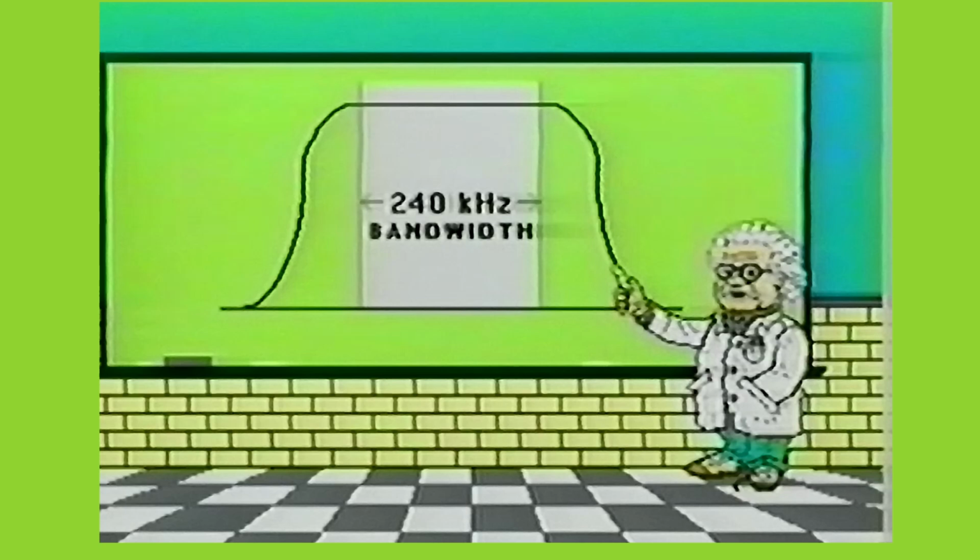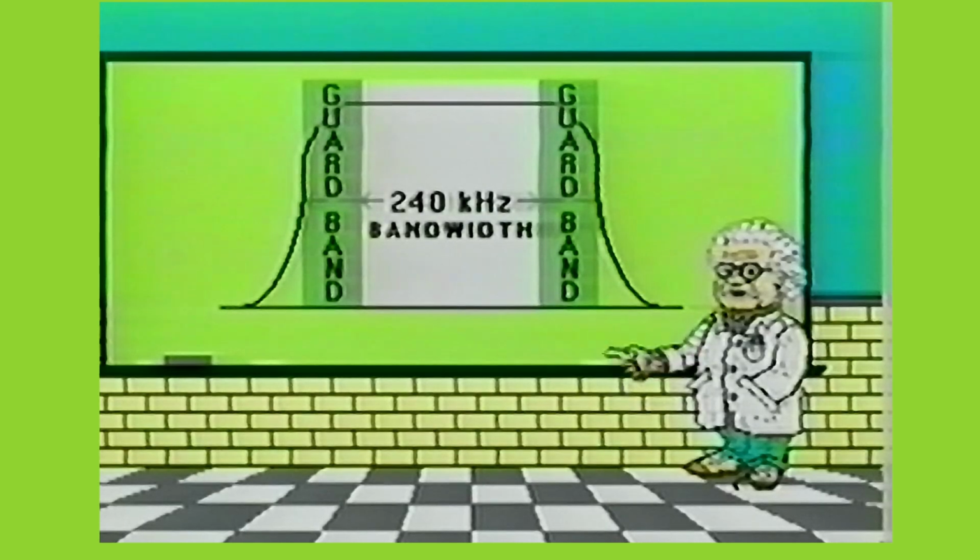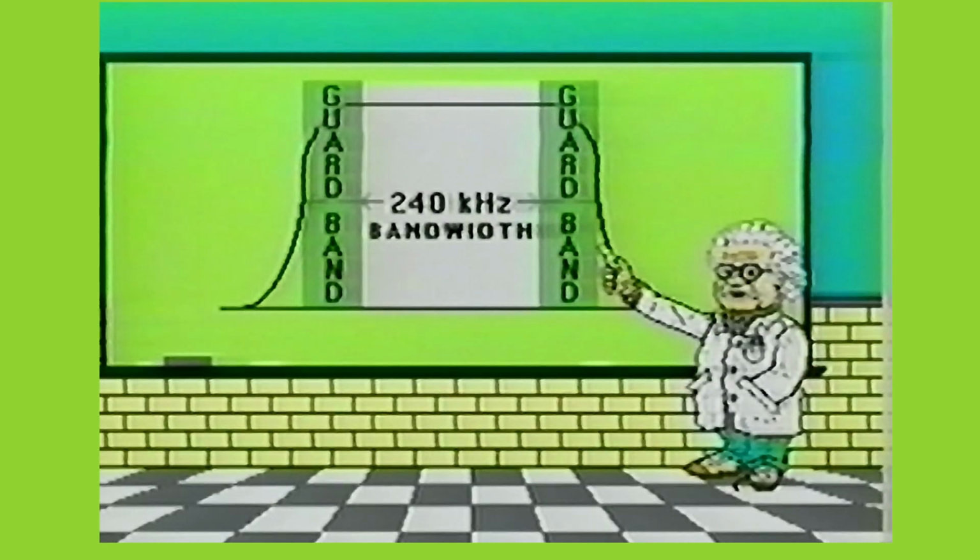The bandwidth of the IF stages is set at 300 kHz. This allows 240 kHz of signal deviation to be amplified equally. There is also a 30 kHz guard band on each end of the 240 kHz signal bandwidth. These guard bands are used to prevent one broadcast station from bleeding into another station's frequency range.